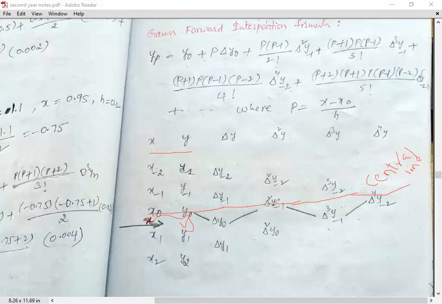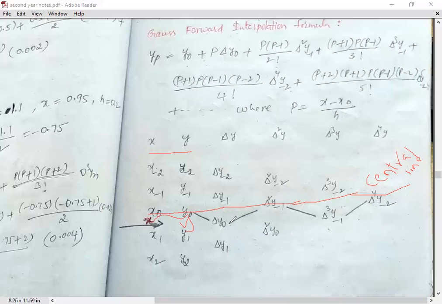the forward differences. They are only even order differences, delta square, delta power 4, delta power 6, etc. And the suffixes start from 0, and we move in the opposite direction. That means we take negative integers, minus 1, minus 2, and if we still have differences, minus 3, minus 4, etc. So 0, minus 1, minus 2, minus 3, etc. are the suffixes for y on the central line.